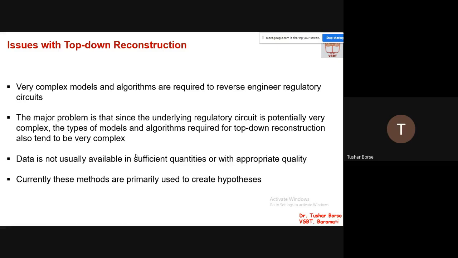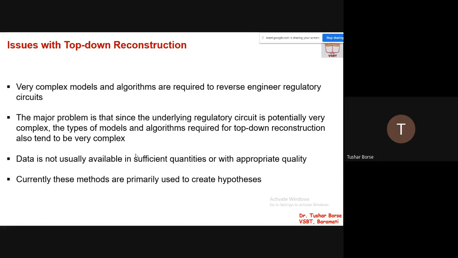To have this top down reconstruction, we are relying on high throughput data, and for this we are using some specific techniques. It could be sequencing techniques like transcriptome sequencing, genomic sequencing, or protein profiling, or metabolite profiling. So we are depending on this high throughput data.